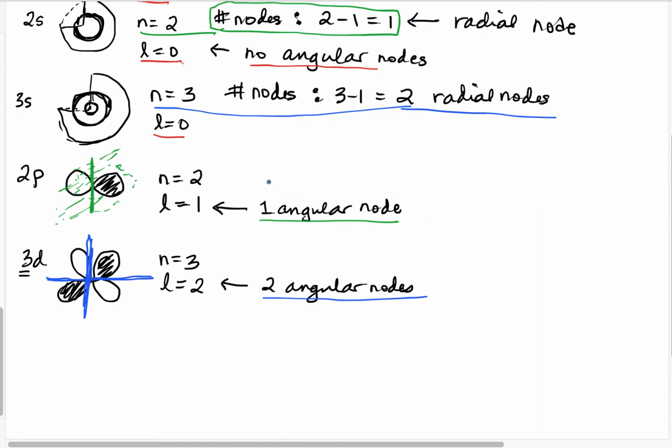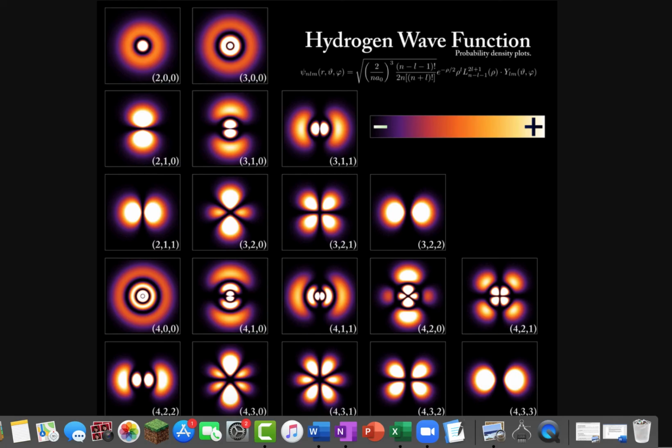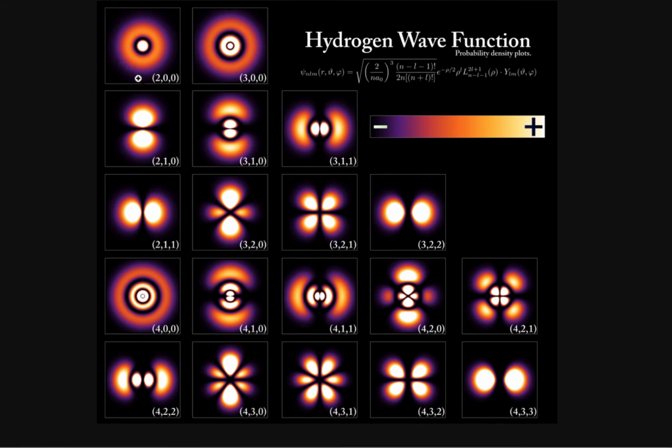So let's switch back really quick and take a look at some of those orbitals that we just were looking at. So look, what we have here on this website image is the quantum numbers n, l, and m sub l. So if we have n is equal to 2 and l is equal to 0, you recognize it?